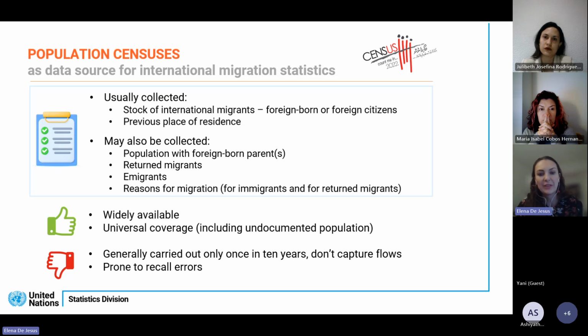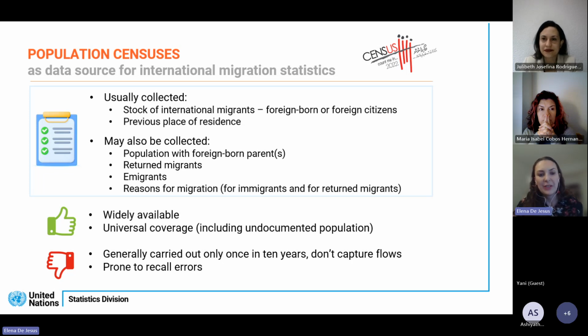And of course, the main advantage of the census is that it has universal coverage, which also includes undocumented populations, which are not possible to be captured in other traditional data sources because they don't fall under their purview.